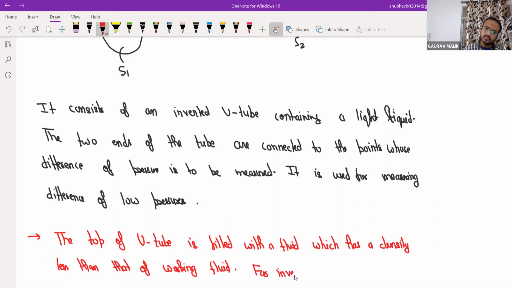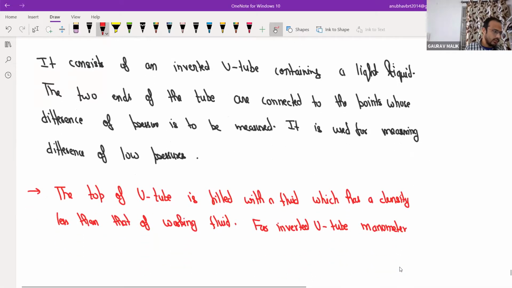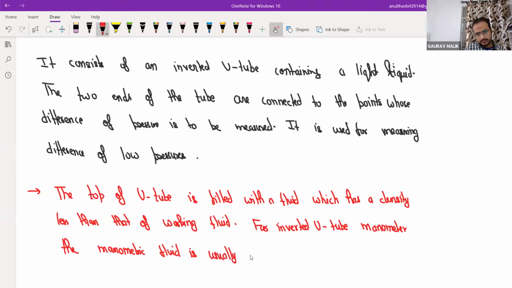For an inverted U-tube manometer, the manometric fluid is usually air.